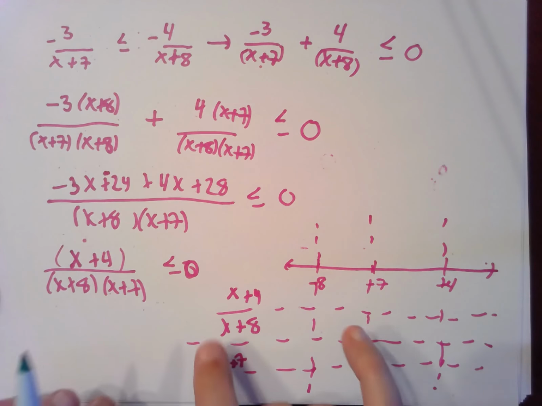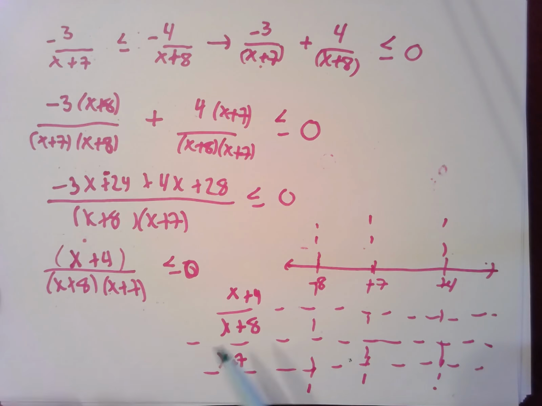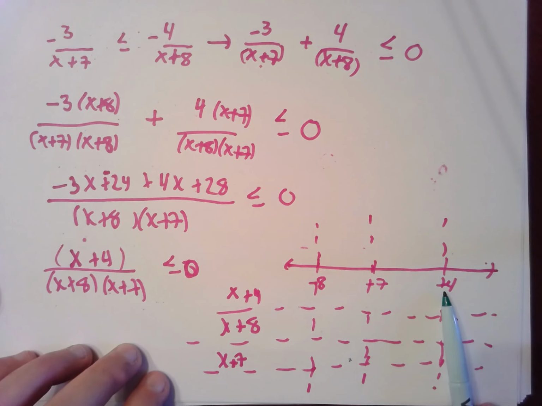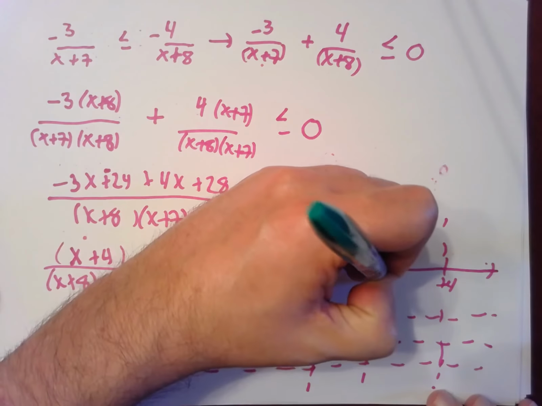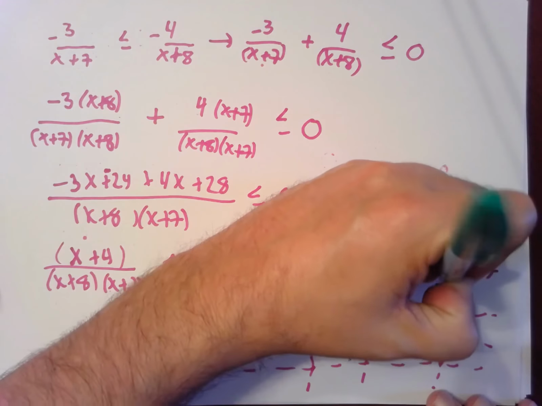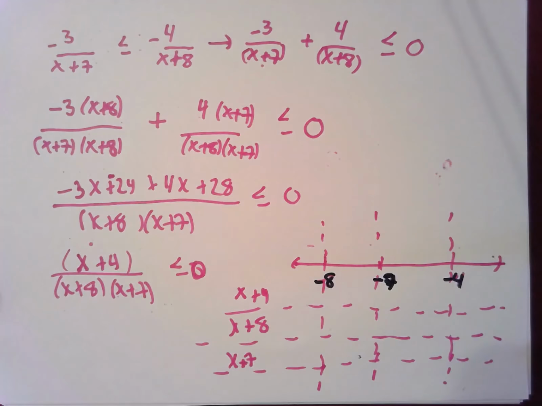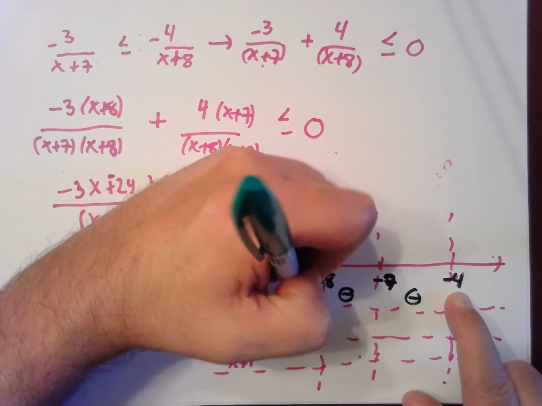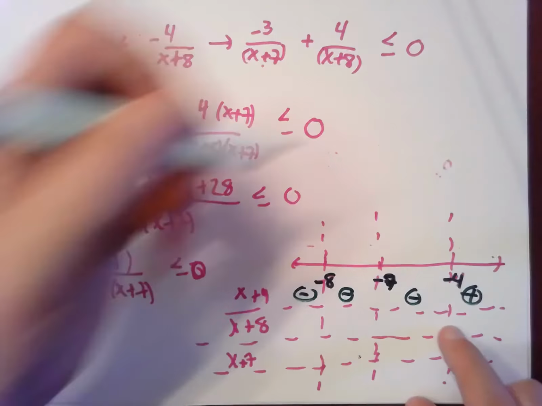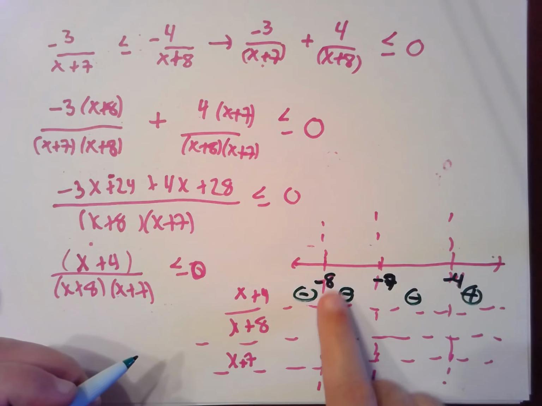I'm telling you, the easy way is figure out where they switch. X plus 4 is going to switch at -4. Just to make sure it's clear, these are all negatives. He's negative below that, and he's positive above. X plus 8 switches at -8.